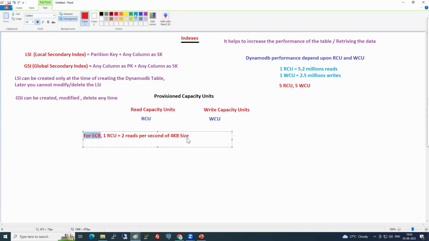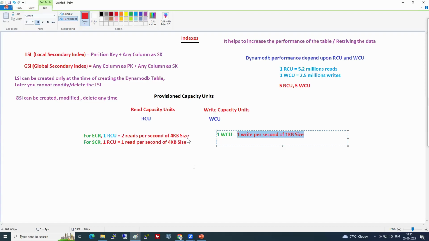For SCR, one RCU is equal to only one read per second of 4 KB size. Whereas here, one WCU is equal to only one write per second of 1 KB size. I want you to remember this.